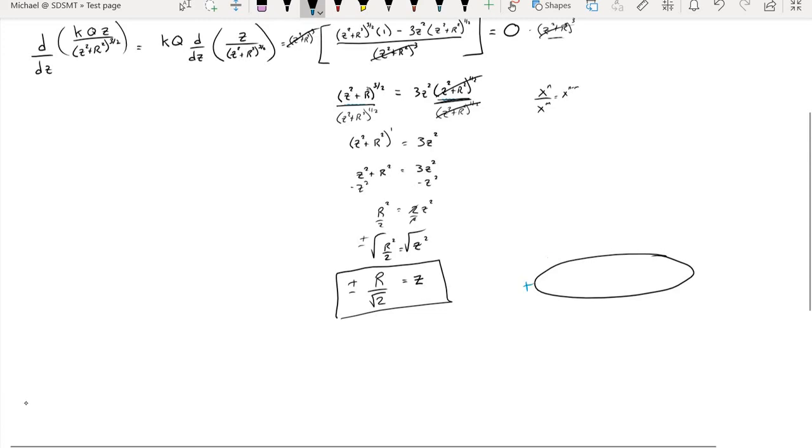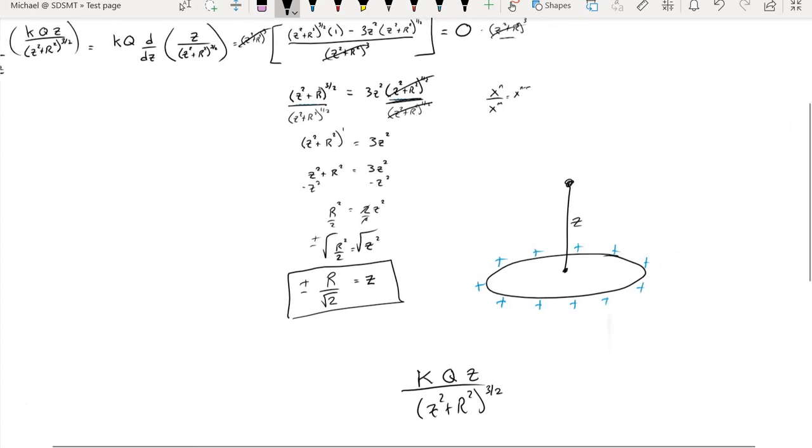Since we have this ring with a bunch of charges on it, we're asking ourselves, where does this electric field function have a maximum value with respect to z? So where are we going to find our maximum value?